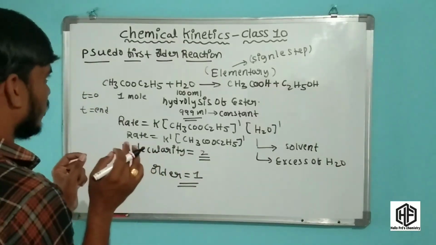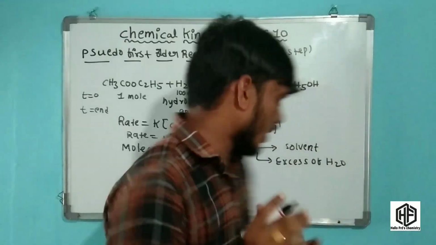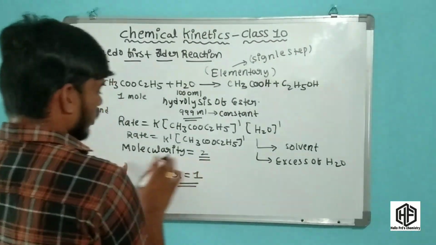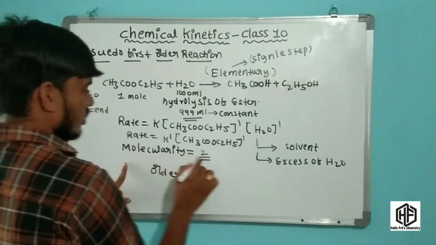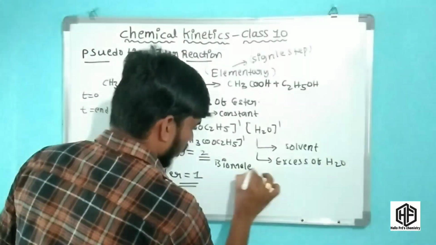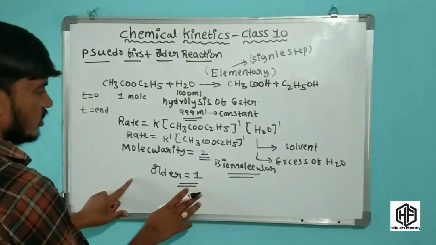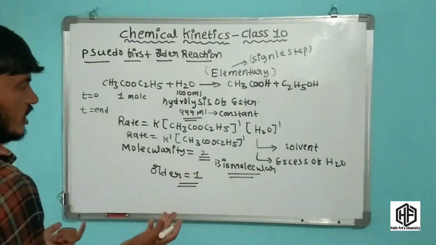This type of reaction is called a pseudo first order reaction. Now the molecularity of this reaction is 2, so it is called a bimolecular reaction, and the order is 1 and molecularity is 2.